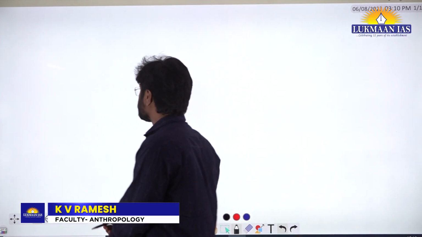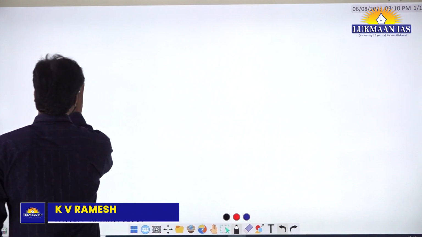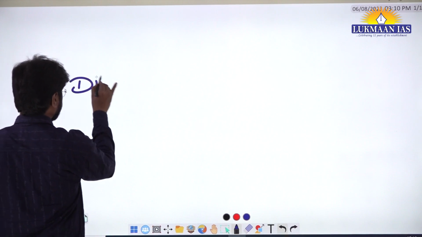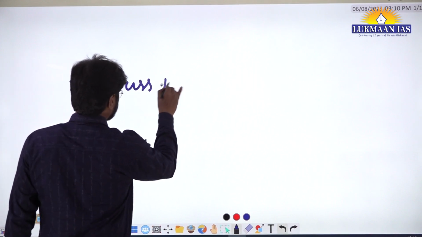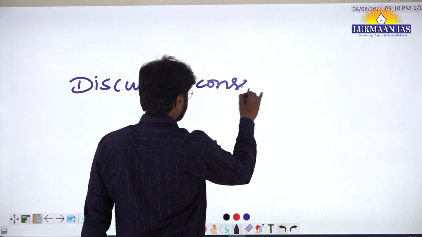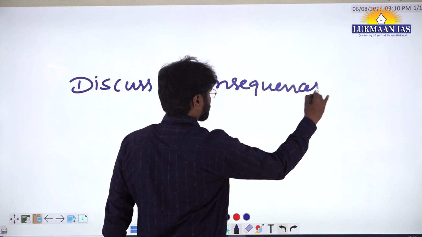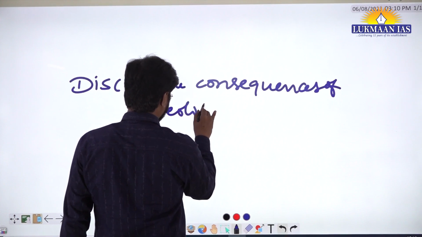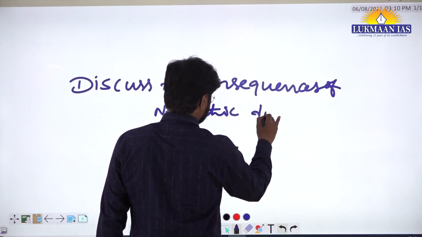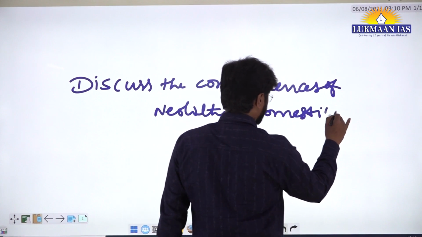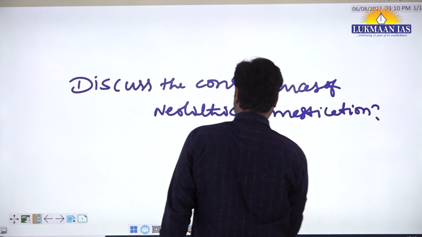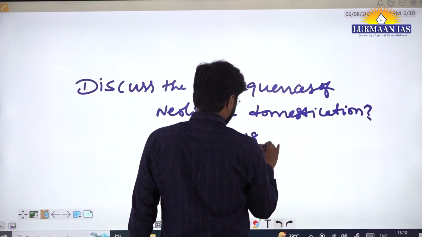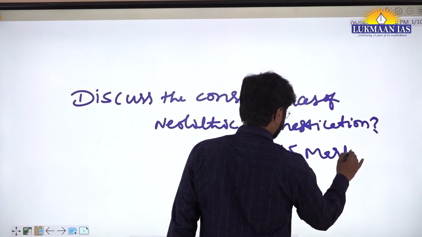The question is, discuss the consequences of Neolithic agriculture or Neolithic domestication, which came in UPSC 2018 for 15 marks.